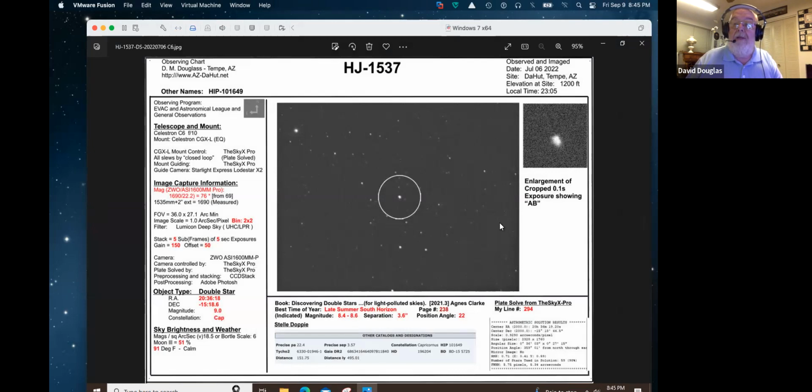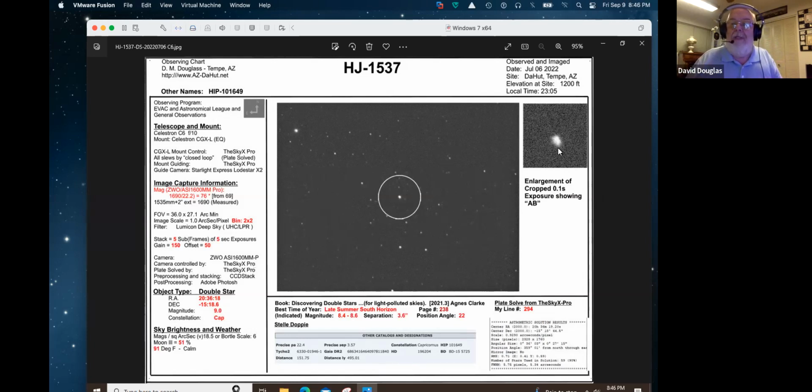Here's another. My main exposure is 5 seconds for this picture, and I can't see the separation. But remember I said I get down to some real tight exposures? This exposure is a 0.1 second exposure. I can crop and enlarge that, and I can cleanly see the AB split.